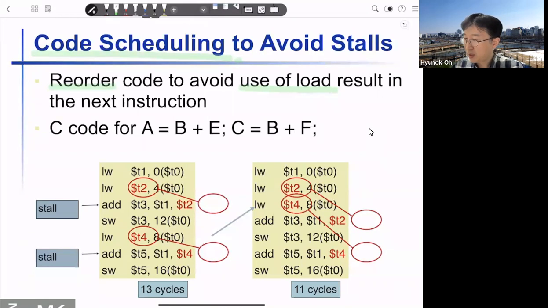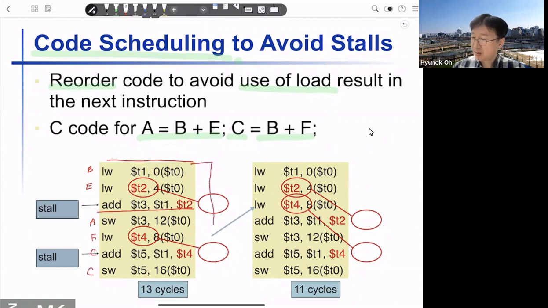Here there are 2 statements, A equals B plus E and C equals B plus F. When generating the instructions, it loads B and loads E, computes A, and stores A. The next one loads F, computes C, and stores C. But we know that this load instruction can move earlier, to any place.